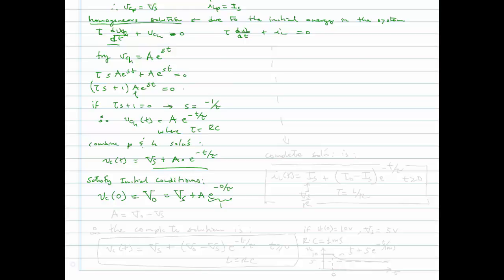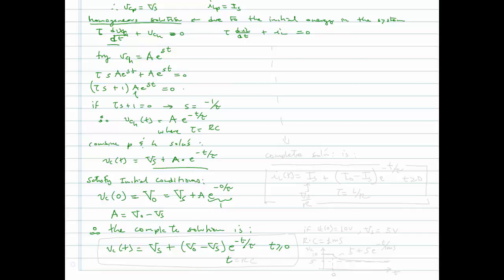This goes to 1 at time 0, and so we find that A must be equal to V naught minus Vs. Therefore, the complete solution is Vc of t is equal to Vs, the particular solution, plus V naught minus Vs times e to the minus t over tau. And this is for all time greater than or equal to 0.